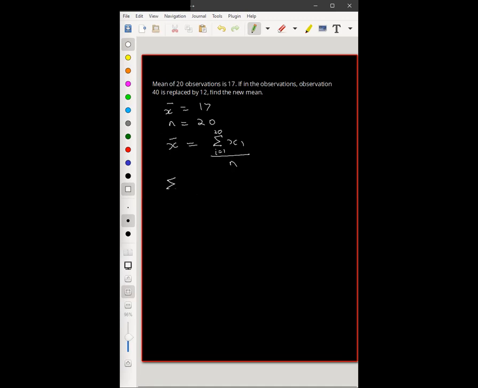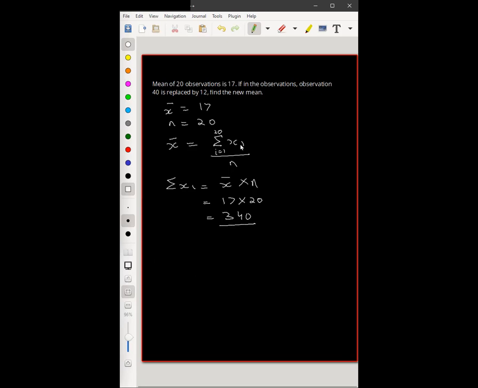So what is the sum of the observations? X bar into n, 17 into 20, which will be 340, right? So this is the total of all the observations, right?